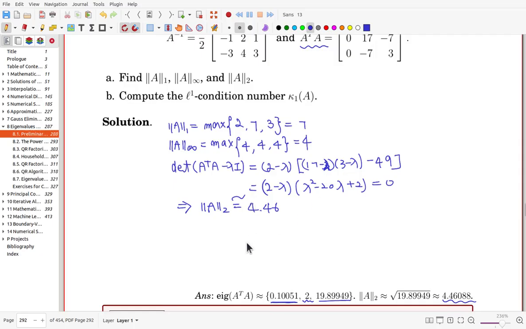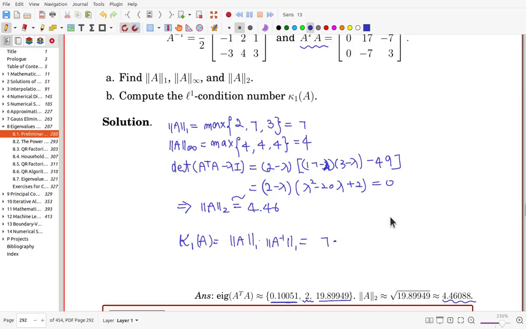Now, how about the L1 condition number? Kappa 1 of A, which must be the A 1 norm times the A inverse 1 norm. The A 1 norm is already obtained to be 7.